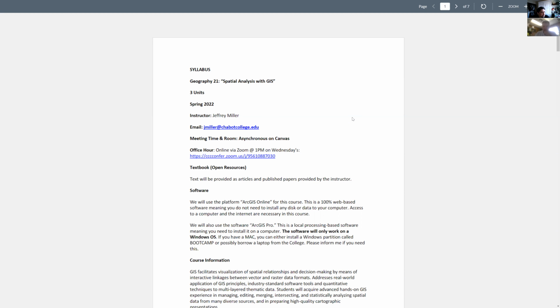Okay. As far as the textbook goes, this is one that I still haven't nailed down, let's put it that way. I have a lot of material related to the discipline of remote sensing already put together, and I want this class to have a strong focus on that.